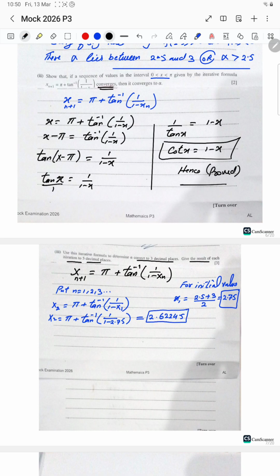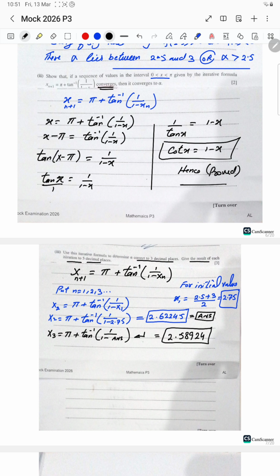Now, for the second step, x3 will be pi plus tan inverse of 1 over 1 minus the answer. The answer is already saved in the calculator. So write the same, pi plus tan inverse 1 over 1 minus, press the answer button, you will get ANS, and once you press equal, you will get 2.58924 up to 5 decimal places.